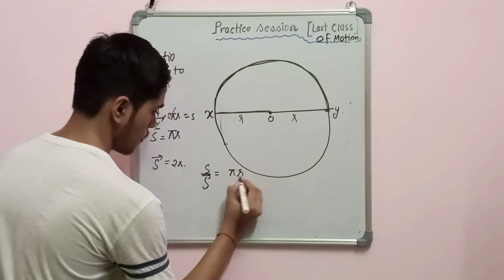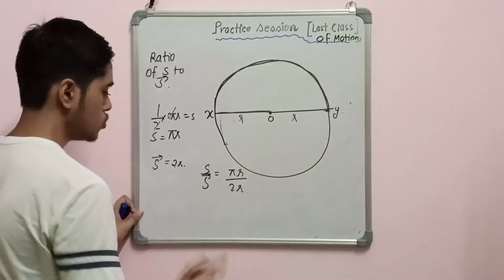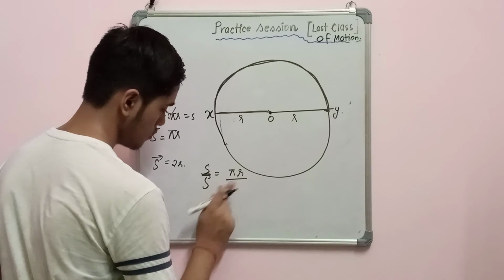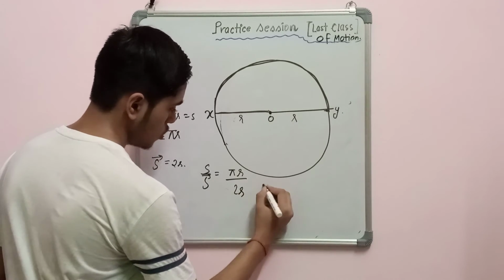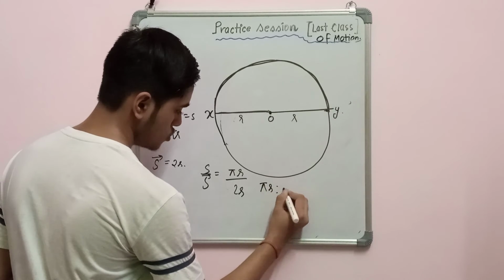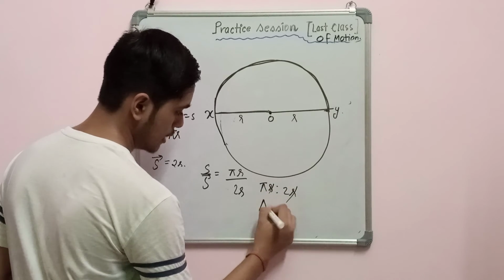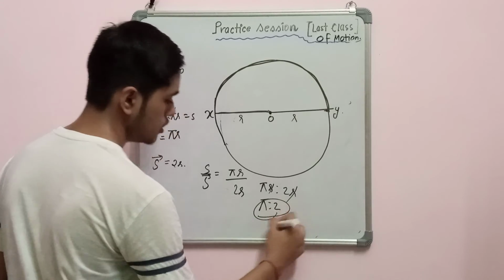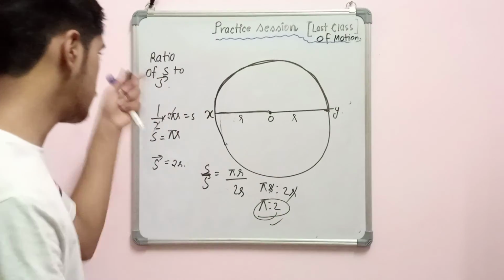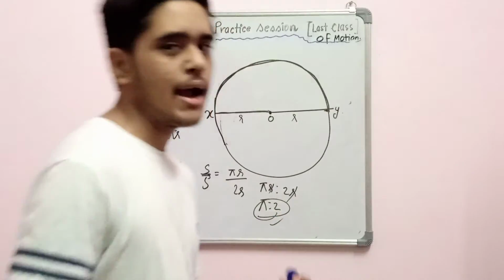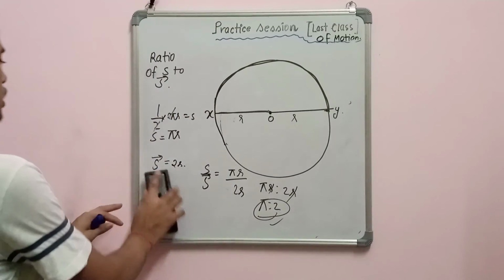So pi r upon 2r. r and r get cancelled and we'll get pi upon 2. This is the ratio. So in this way you can solve this kind of questions, and not more than this type of questions are asked.